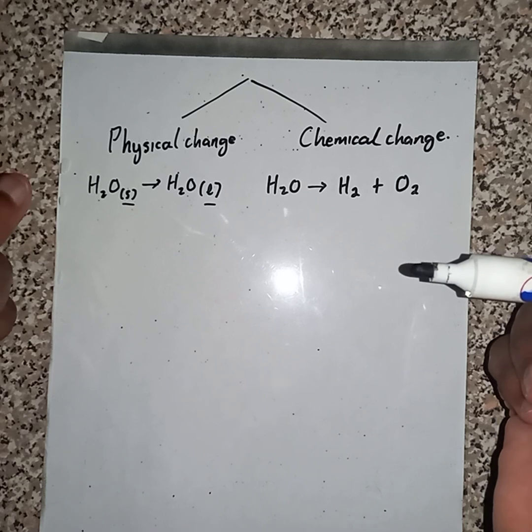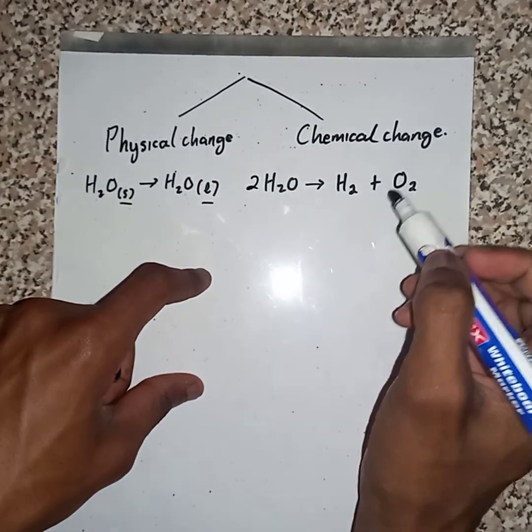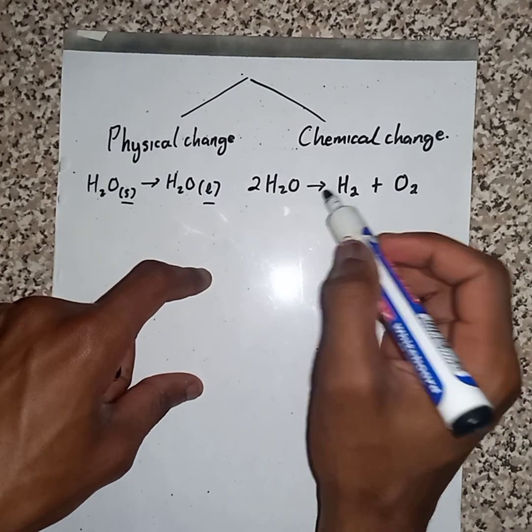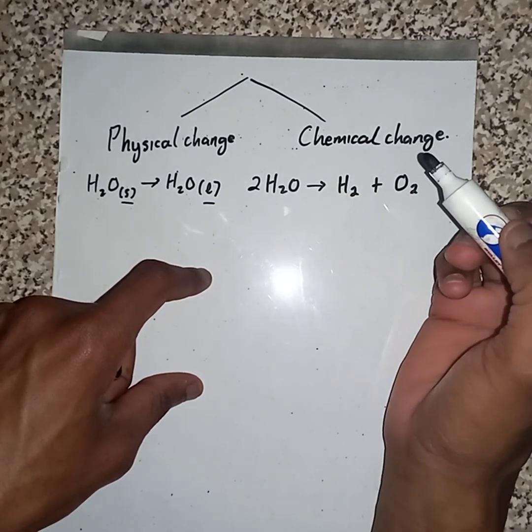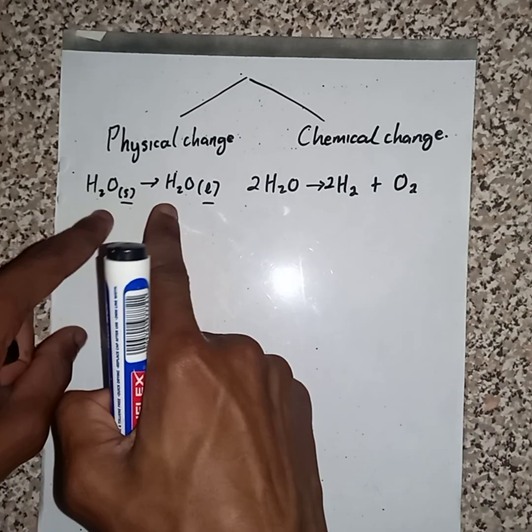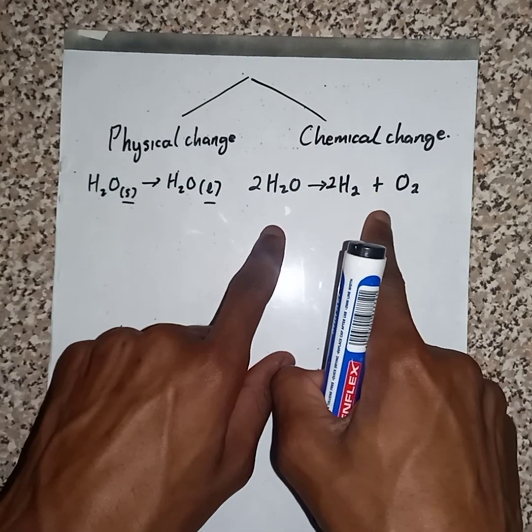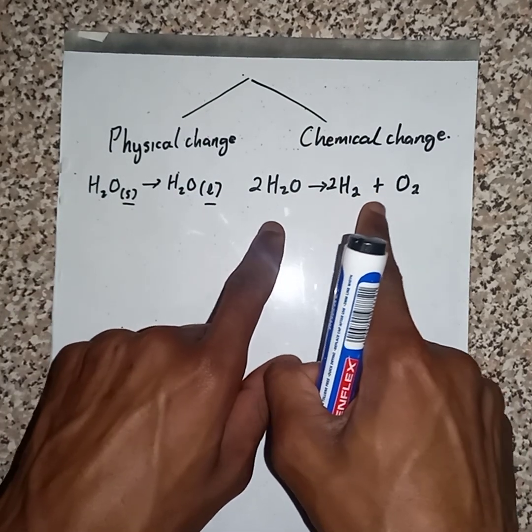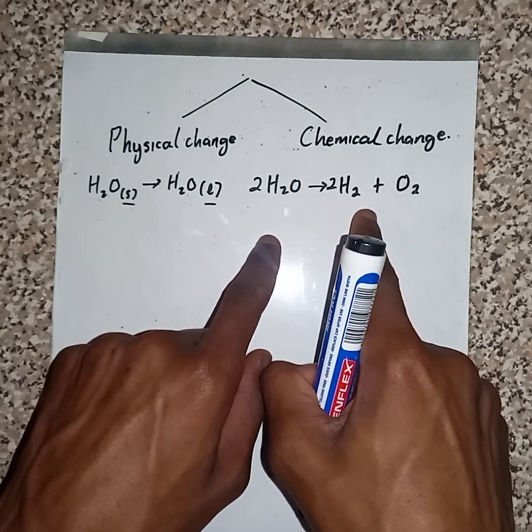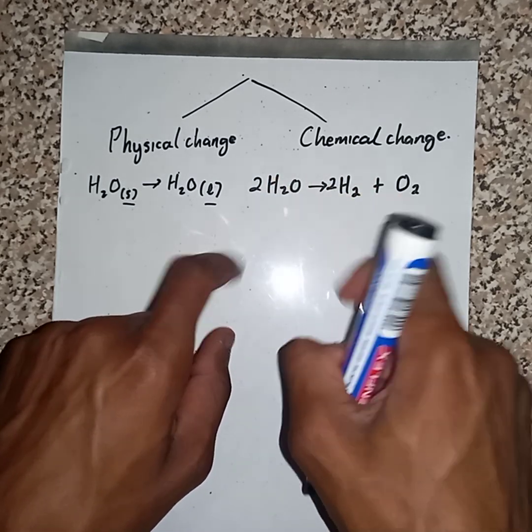Let me balance everything. See what I'm going to do. I'm going to put 2 this side. The identity is the same here, but this side the identity is no longer the same. It has changed now into other forms.